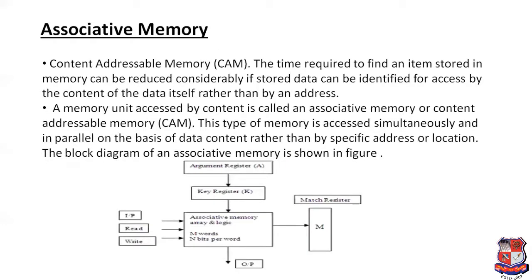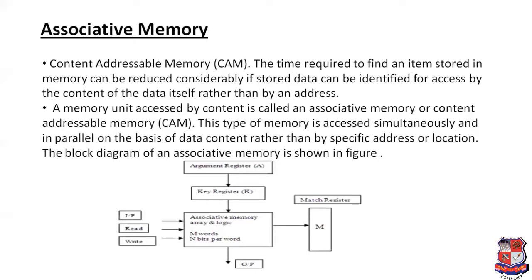Now we are going to understand what is associative memory. The associative memory is also known as content addressable memory, that is CAM. The time required to find an item stored in a memory can be reduced considerably if stored data can be identified for access by the content of the data itself rather than by an address.